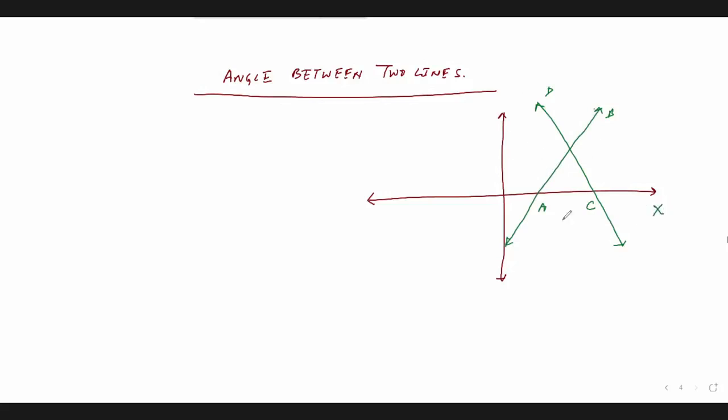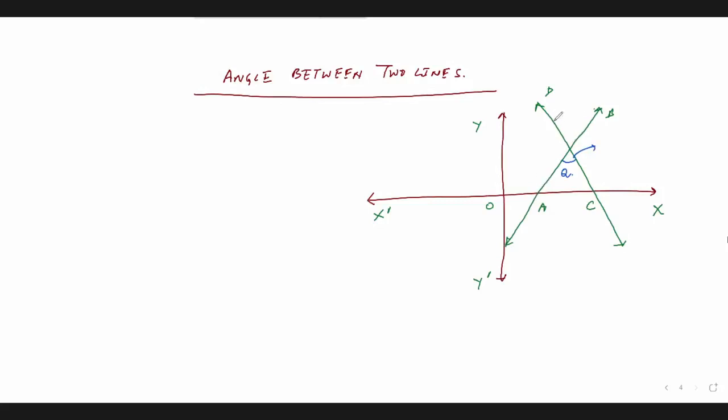I can name my Cartesian plane XO and X dash, and YO and Y dash. As you are able to see, these two straight lines I have taken, and they are making an angle. Suppose this angle is theta. So I need to find this angle.